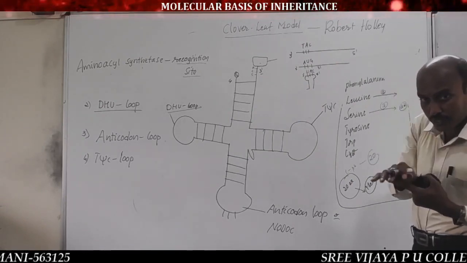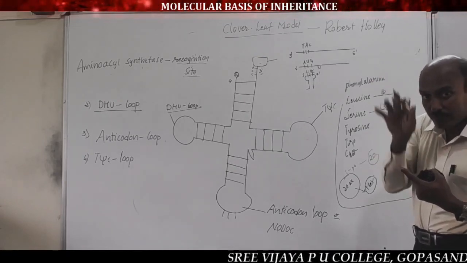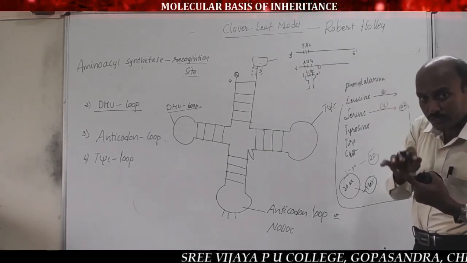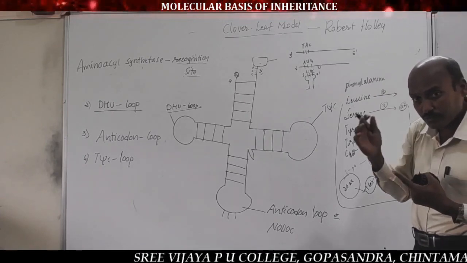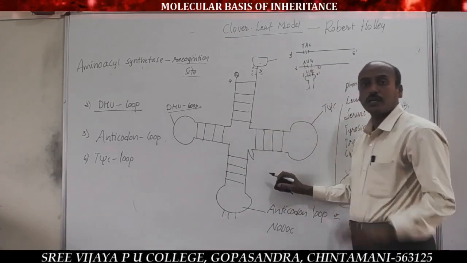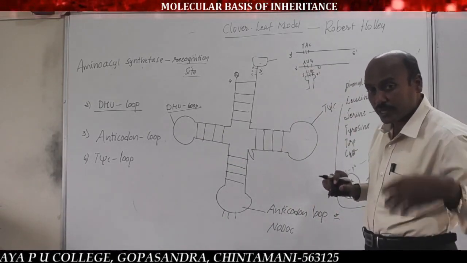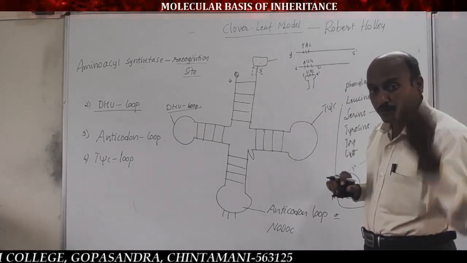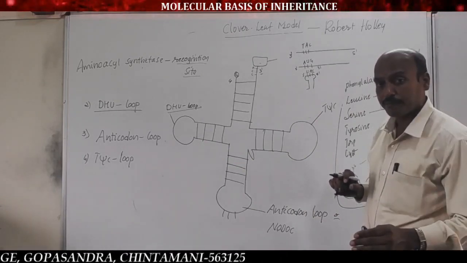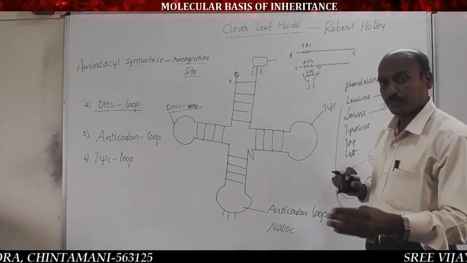Out of 20, the specific amino acid synthetase enzyme for the conversion of inactivated methionine into activated methionine is identified and recognized by the DHU loop. After recognition of the specific amino acid synthetase enzyme, it converts inactivated methionine into activated methionine.